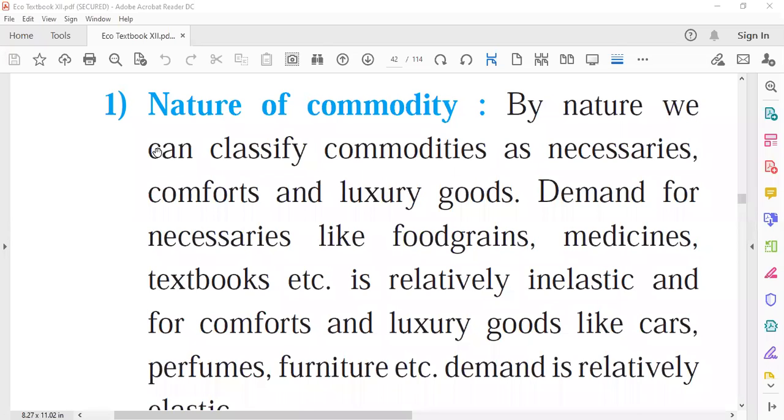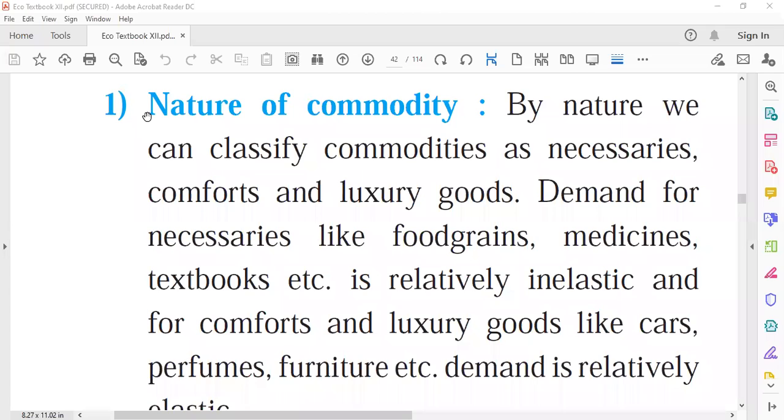But if the goods are luxurious goods, the postponement of the demand is possible.